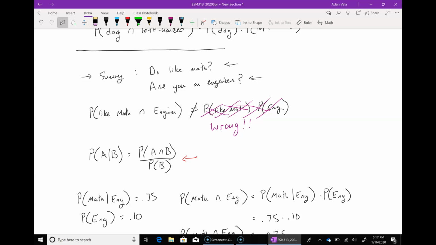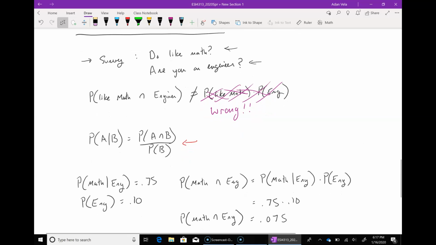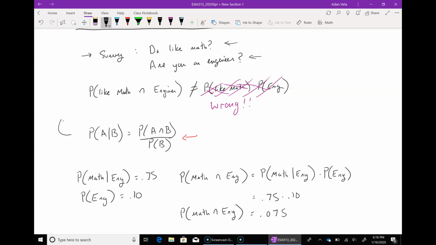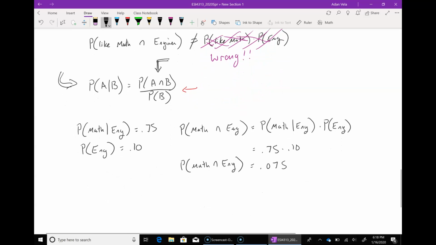In those cases, you should probably think about using this conditional probability equation somewhere. It's a good chance it's going to come up, unless I give you the joint probability. Okay? I tell you what is the probability of A and B.